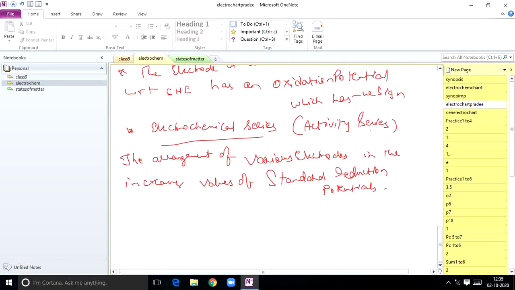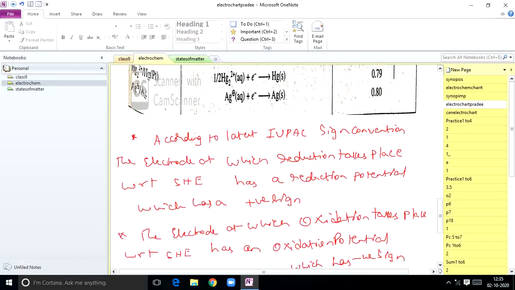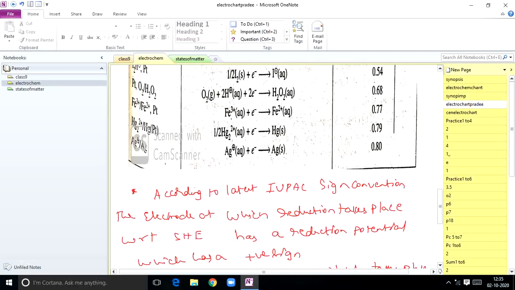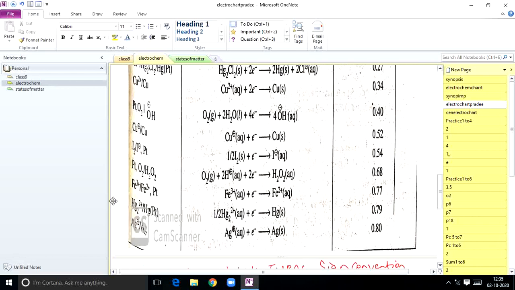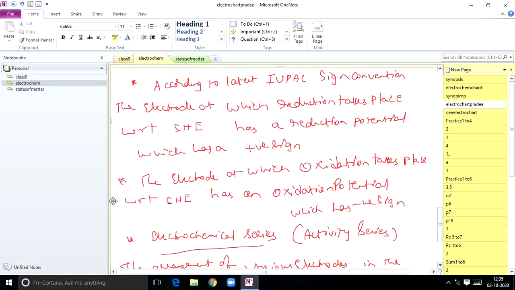Like that, if you go on, you can get it for different electrodes, and finally you can see big charts are there here.